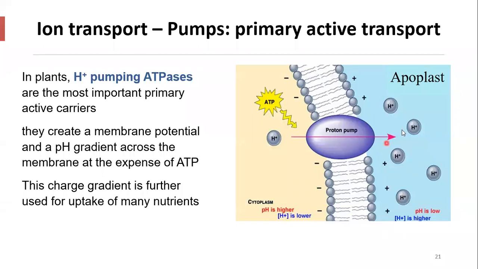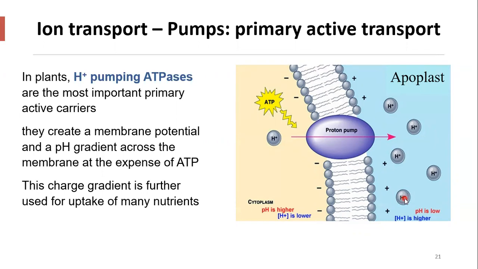You can see here that the pH is low in the apoplast and high in the symplast or cytoplasm. This low pH in the apoplast is also important for extension growth, because growth depends on the flexibility or extensibility of the cell wall, and this low pH determines the extensibility of the cell wall.